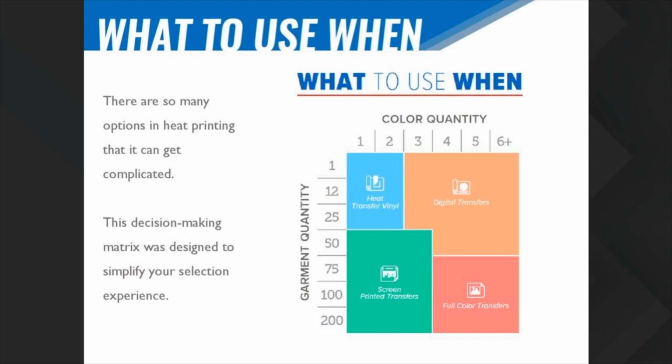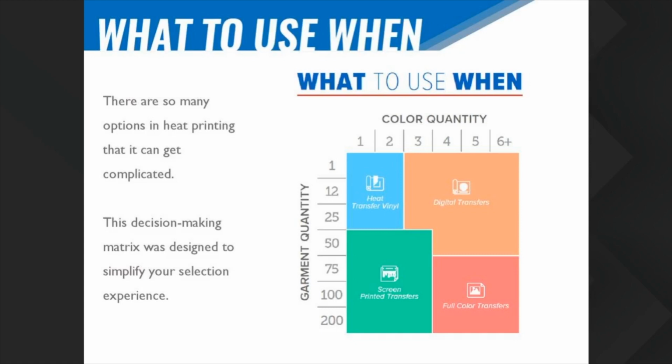A lot of people know this as HTV, heat transfer vinyl. Our proprietary name for it at Stahls is CAD Cut Vinyl. Now, if you get into 3 to 6 or more colors but you're still at a lower quantity, 1 to about 50 or so pieces, actually about 60 pieces, that's when you're going to want to switch over to our digital transfers. At Stahls, we call that CAD Prints Digital.